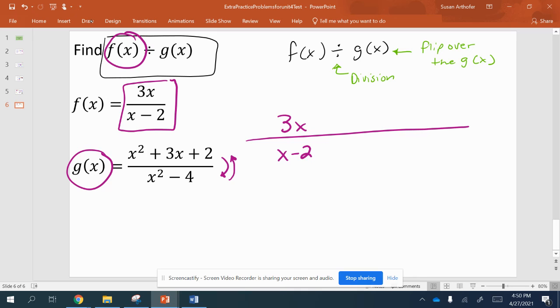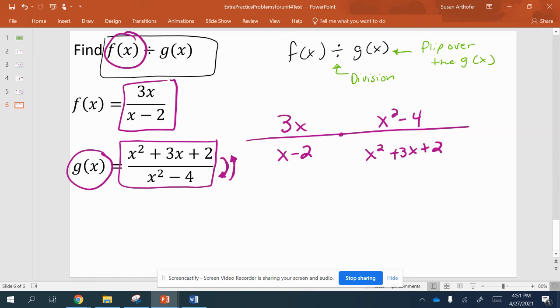So what is on the bottom goes to the top. So x squared minus 4 goes to the top, and leave a little bit of space, you guys, okay? And what's on top goes to the bottom, so the x squared plus 3x plus 2. So when you do division, you change it to multiply and you flip the back fraction. Okay, so that's what we did.